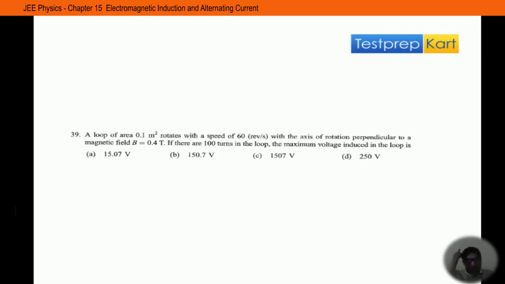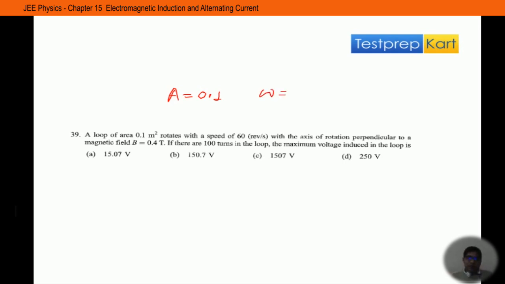Now the next question is, a loop of area 0.1 meter square rotates with a speed of 60 revolutions per second. So area is given, area is 0.1. Speed means frequency is given, so we can calculate omega.